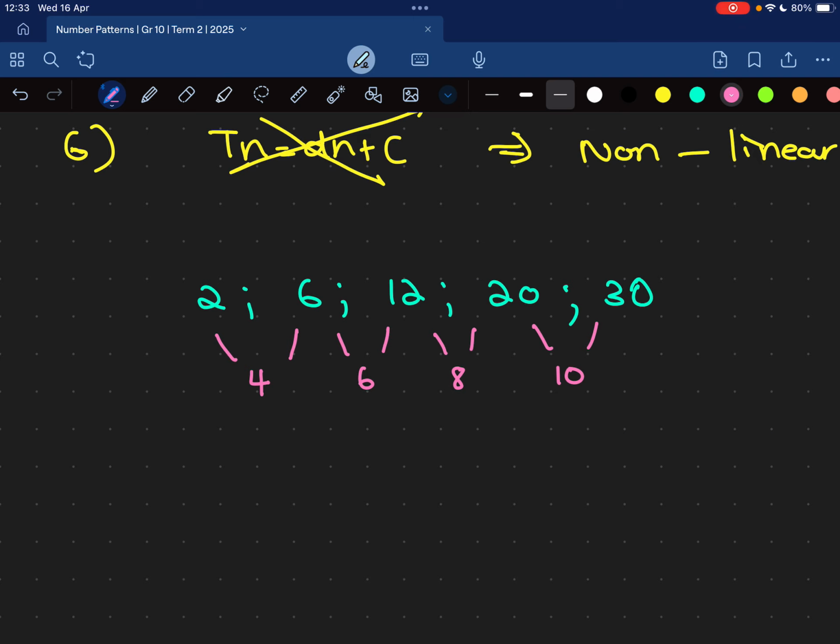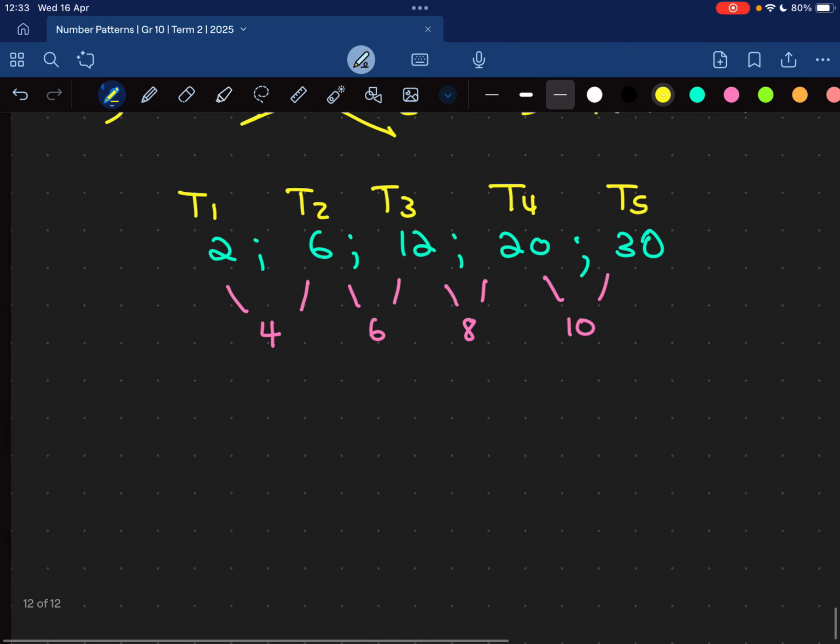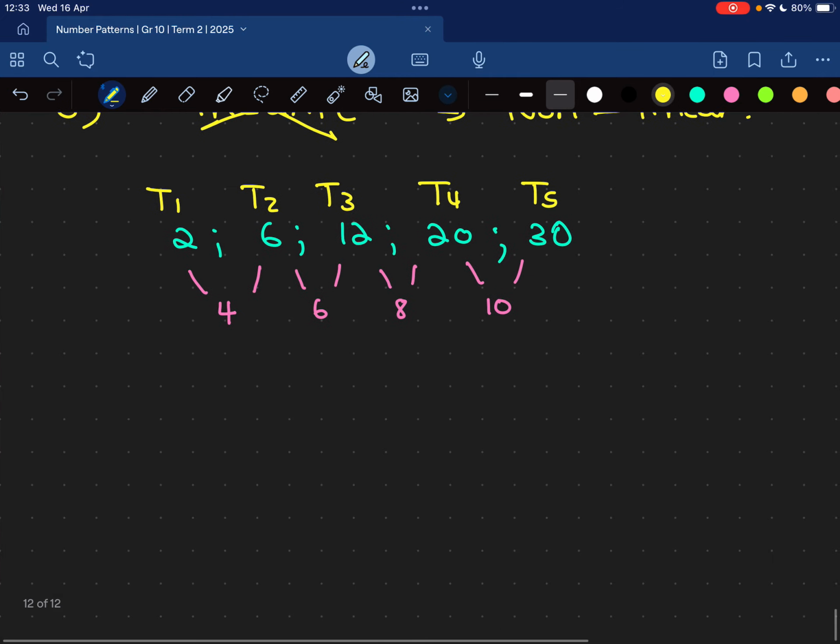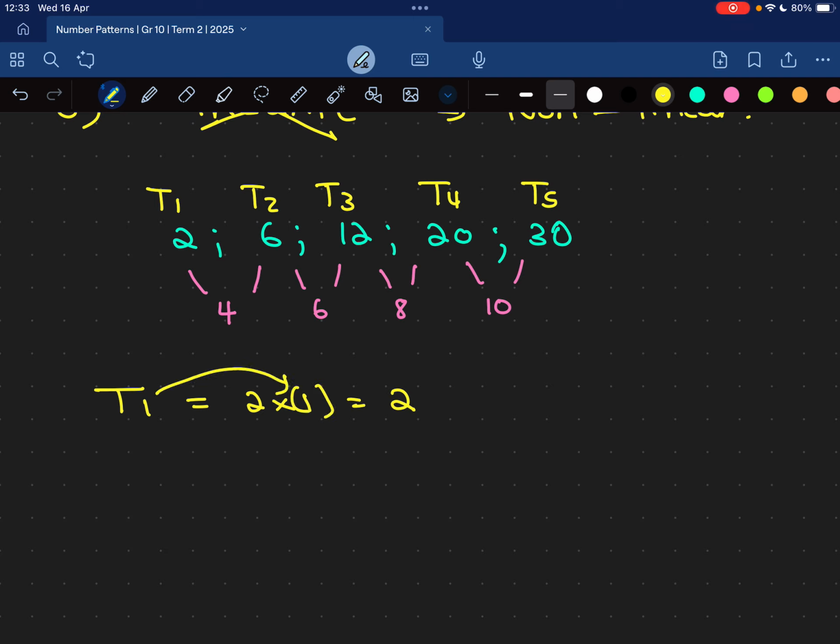So if I think about that, I have T1, T2, T3, T4, T5. If you say T1, we could always say 2 times 1, which is 2, but then 1 would obviously come from the 1 here.